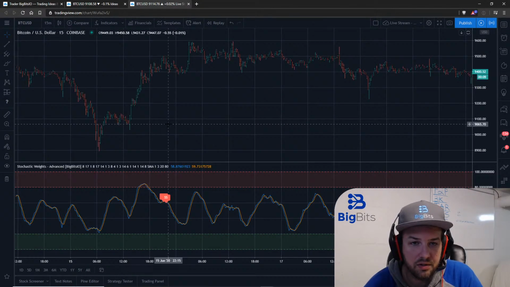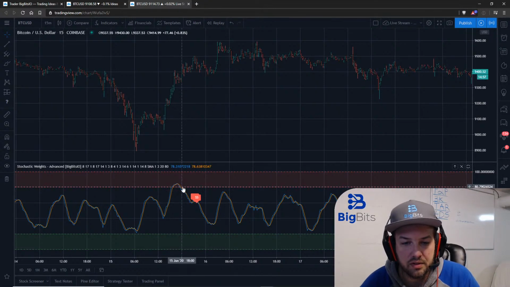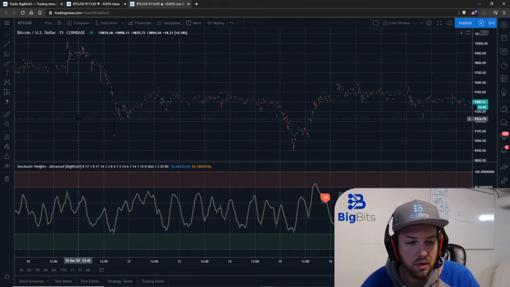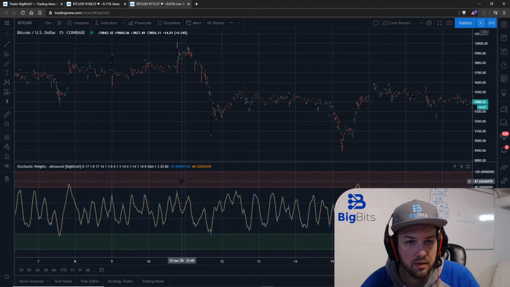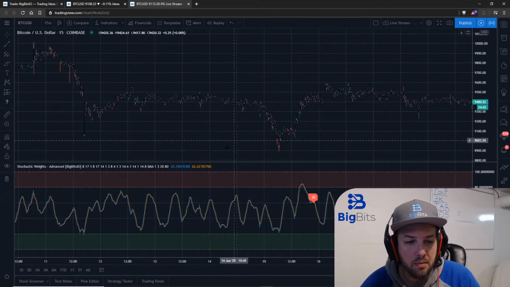So it found a divergence here, but it failed to find the larger divergence, which is something I need to try and correct, because there was a very large divergence there from this point to this point, and I would have hoped for it to have shorted there. But it is coming along well.